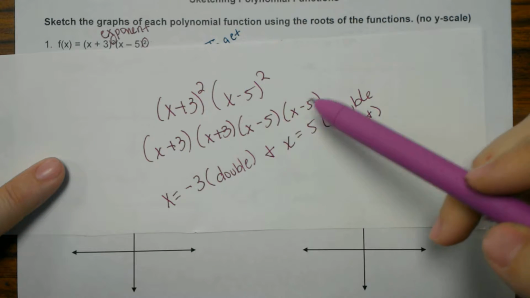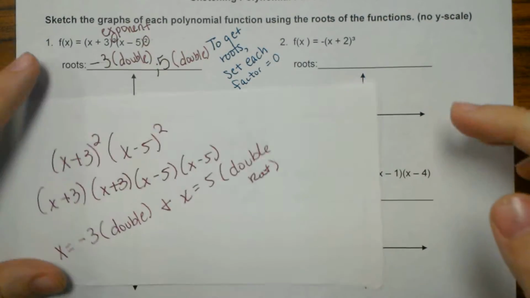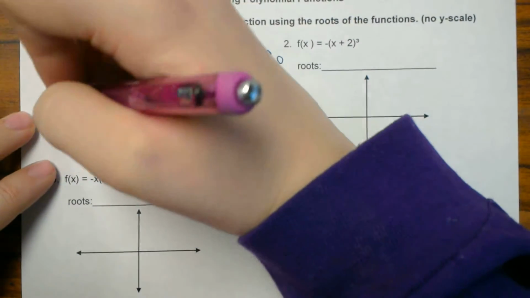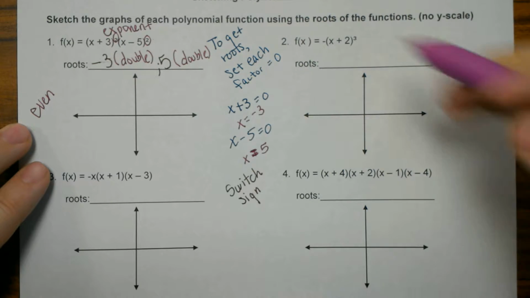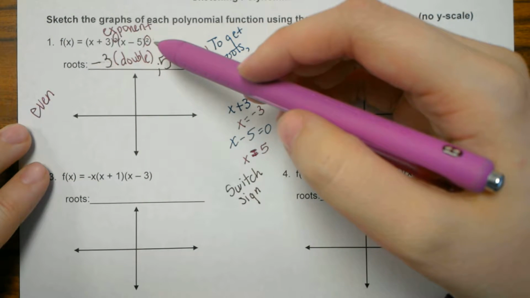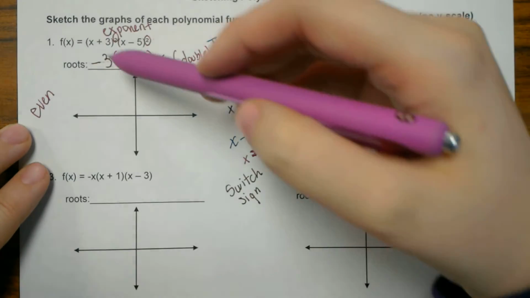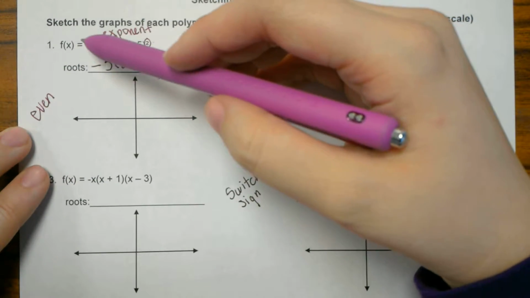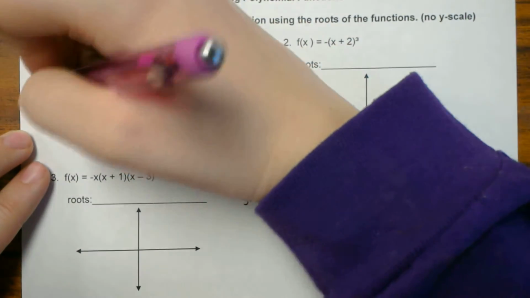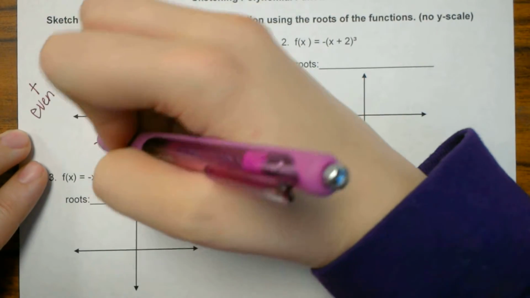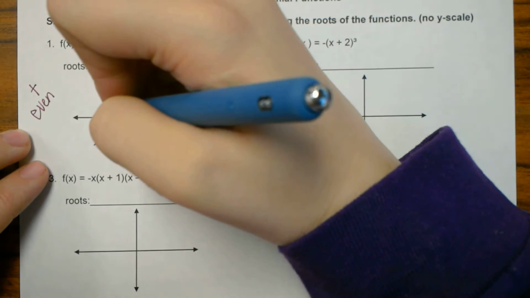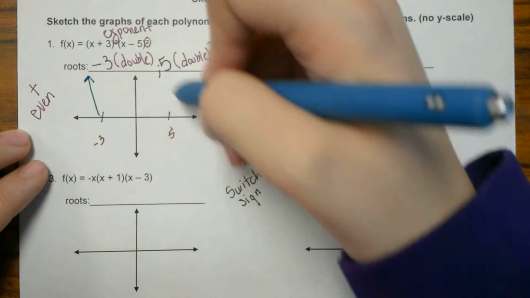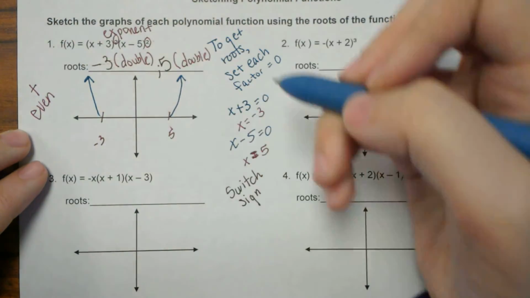And so since I have 4 roots, that means I have an even function. And so if it's even and it's positive, I don't have a negative out front, so it's a positive even. That means on this side, the ends of my functions are both facing up.